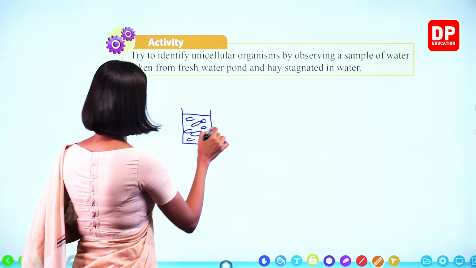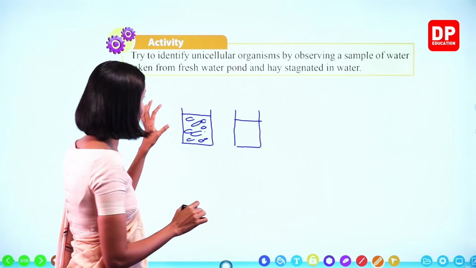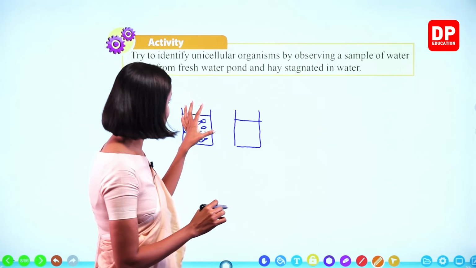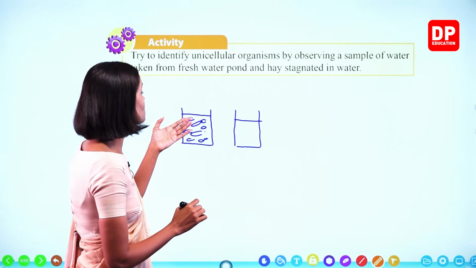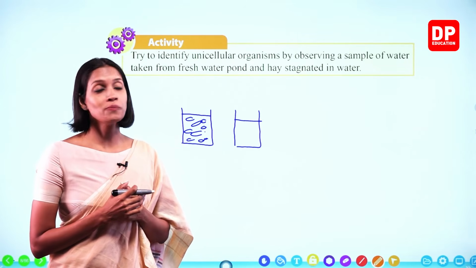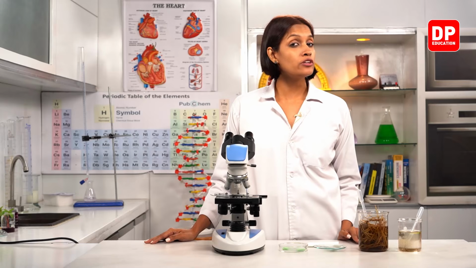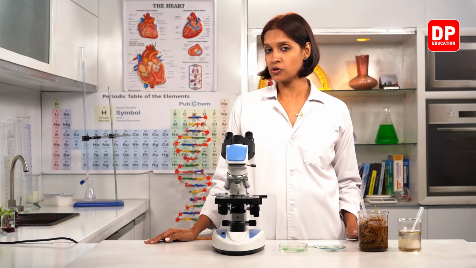So you have to take a sample from a freshwater pond, and a sample of hay stagnated water, and observe a drop of each of them under the microscope, and we are going to do this activity now. Right, children? Now we are going to observe some unicellular organisms.